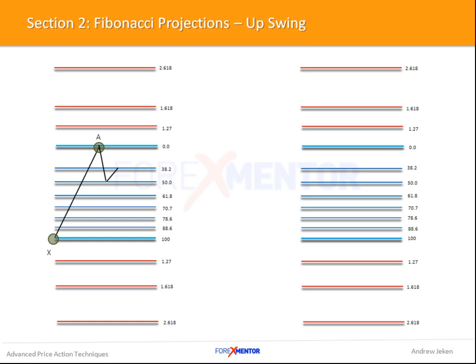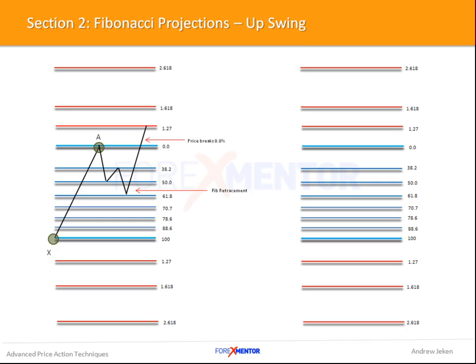Price comes down to one of our levels and then bounces. You can see it bounces at the 50 and then drops lower to the 62. These are Fibonacci retracement levels. We then have price drive higher, and you can see it comes right up to that 127 projection or extension.